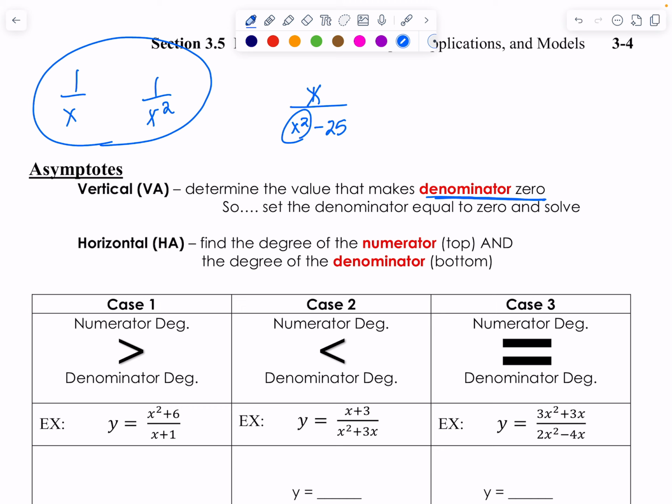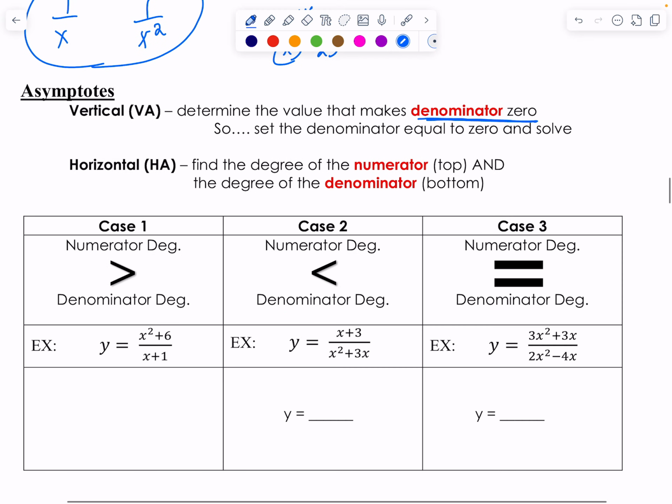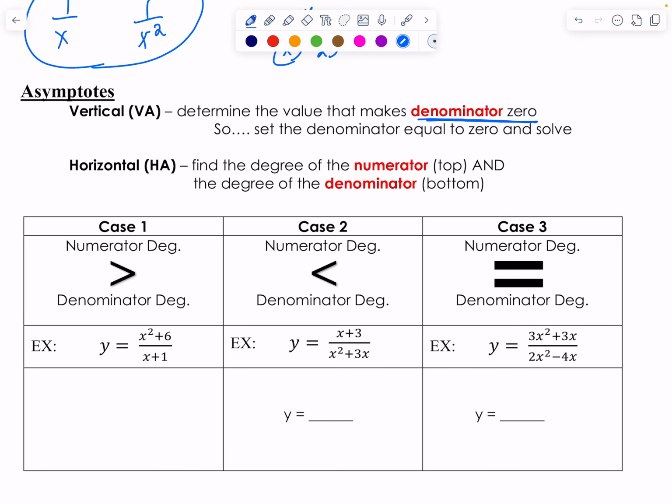So first thing to notice is where is the largest exponent. So in this one, the largest exponent is on the top. So if the largest one is on the top, you're not going to have any horizontal asymptotes. That's why in all our other parent functions, we had x squared, we had square root of x, we had x to the third, we've done a whole lot.